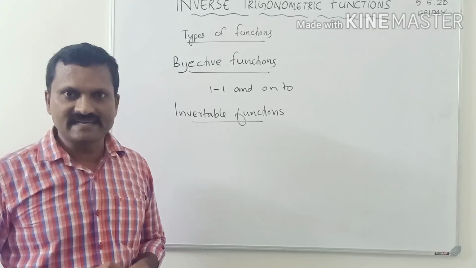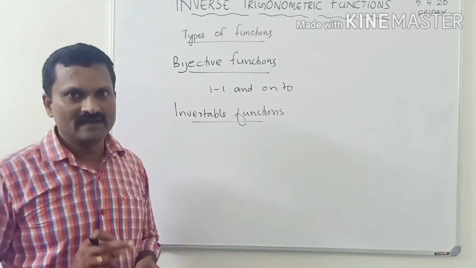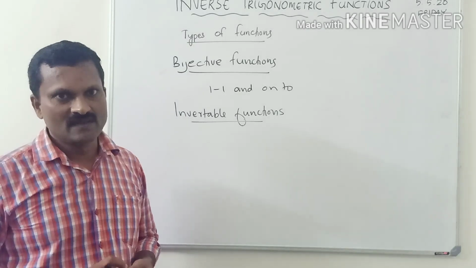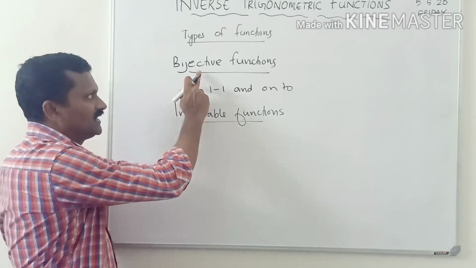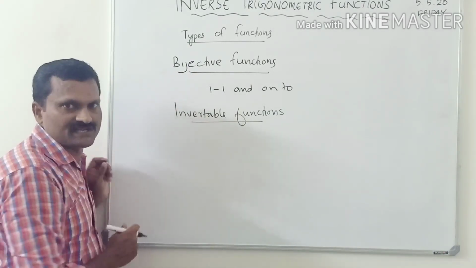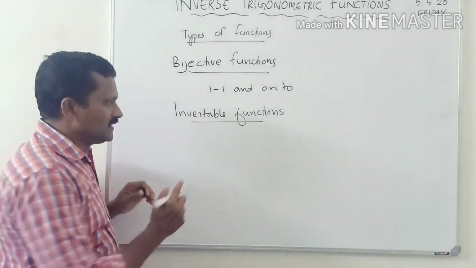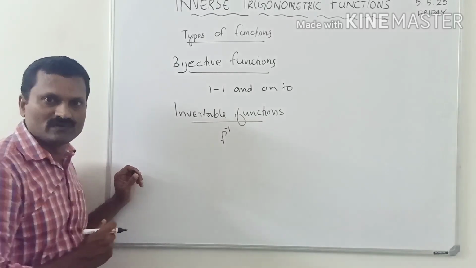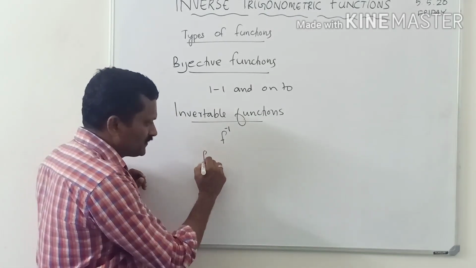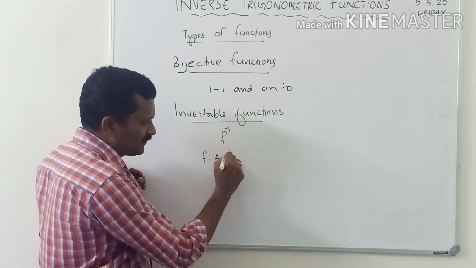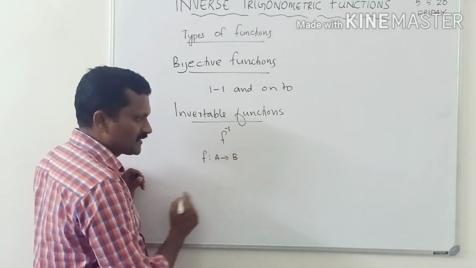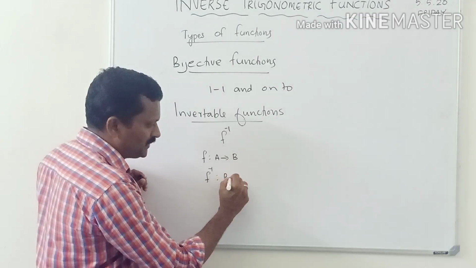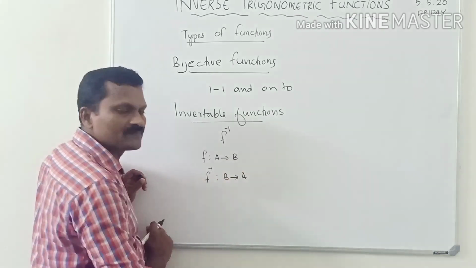A function is said to be invertible if its inverse exists. A function is invertible only if it is bijective. Inverse of f is denoted as f inverse. If f is a function from A to B, then f inverse is from B to A.